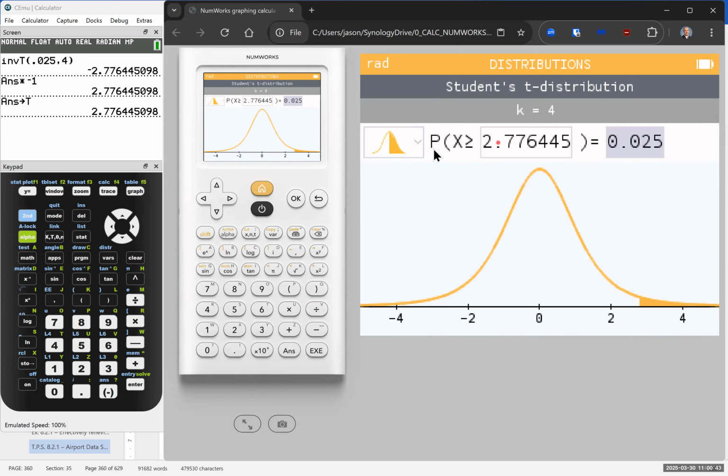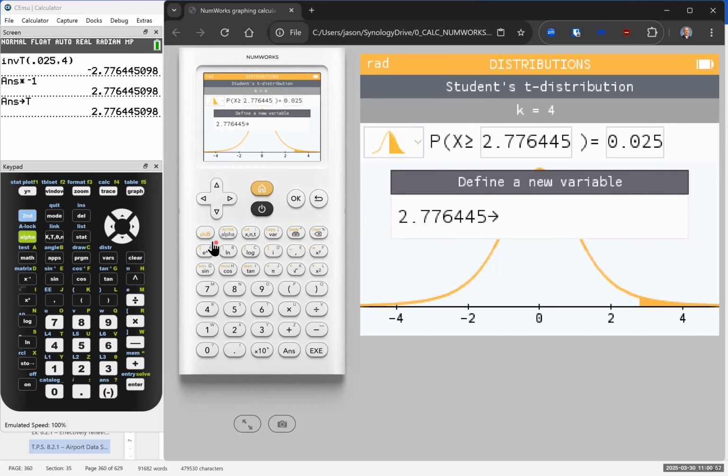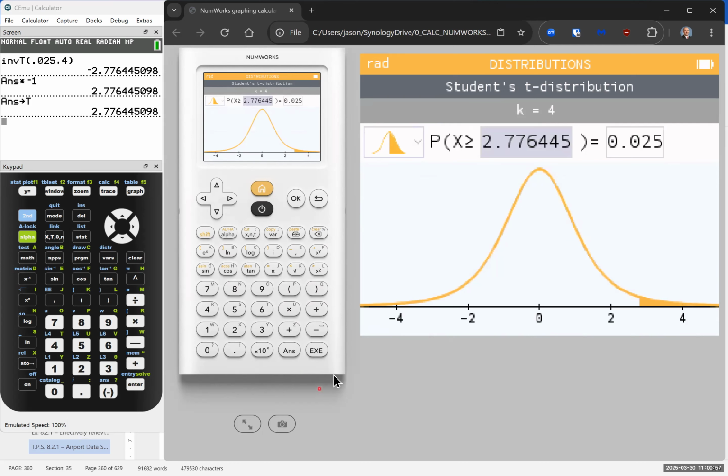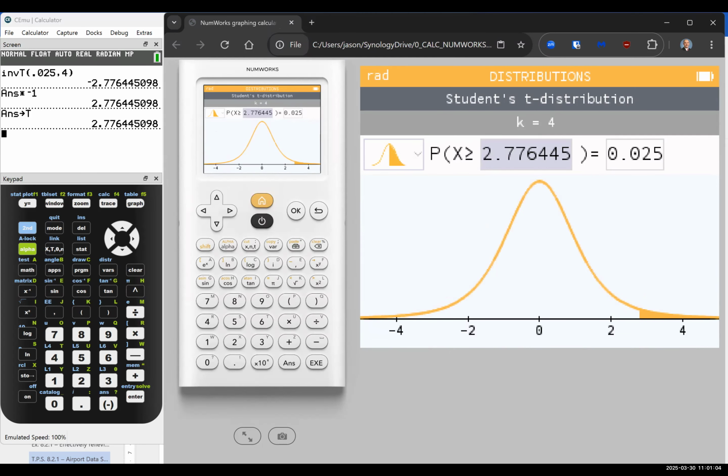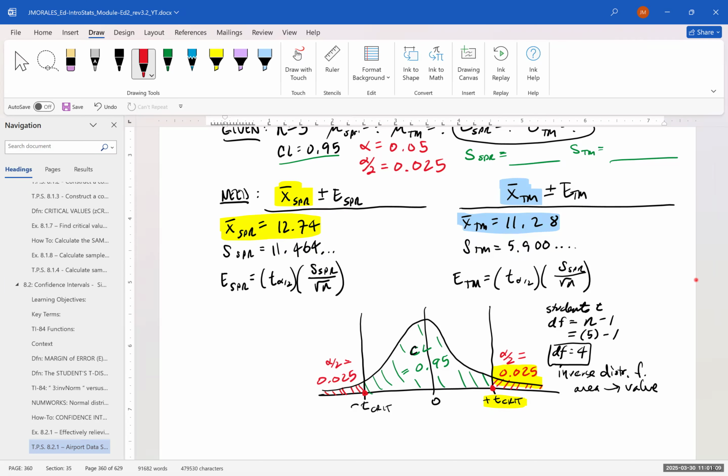Yeah, 2.776. Now I'll store that in variable t, so I'm going to hit store and then shift alpha t. All right, so 2.776. Let me come back over here and put that our t alpha/2 score that we need is 2.776.